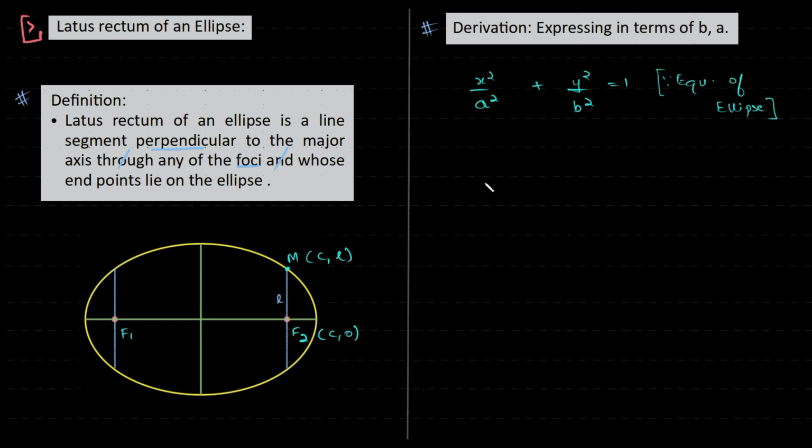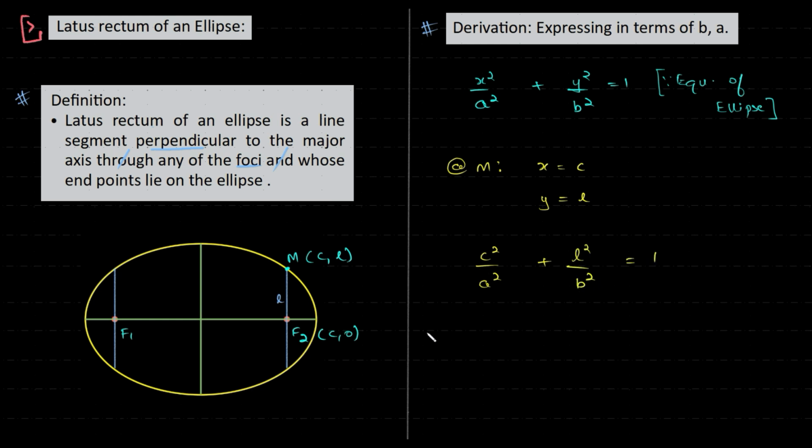Next, what else can we do? We can substitute at M. What do we have? At M we have x equal to c and y equal to L. So this would be c squared by a squared plus L squared by b squared.